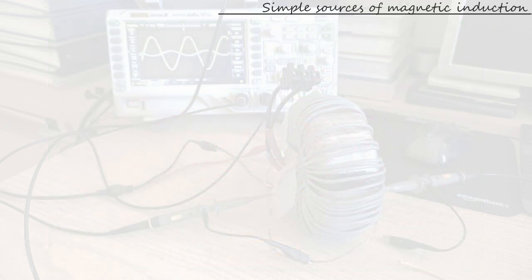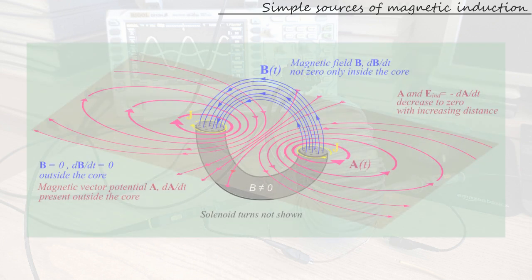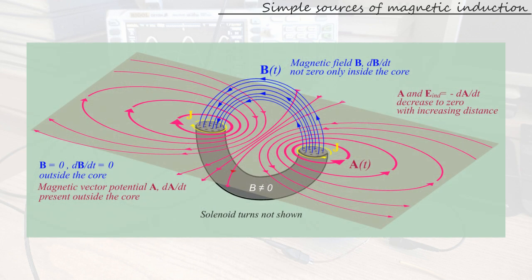If you find the idea of an infinitely long solenoid unpalatable, a nearly perfect confinement of the magnetic field B can be attained by a well-wound toroidal solenoid. The magnetic vector potential A and the induced electric field are directed along distorted circles around the core sections, and their magnitude too decreases roughly as 1 over r squared with the distance from the torus.